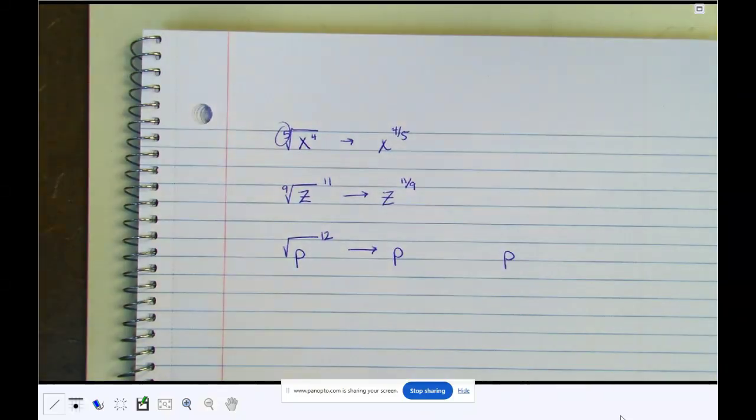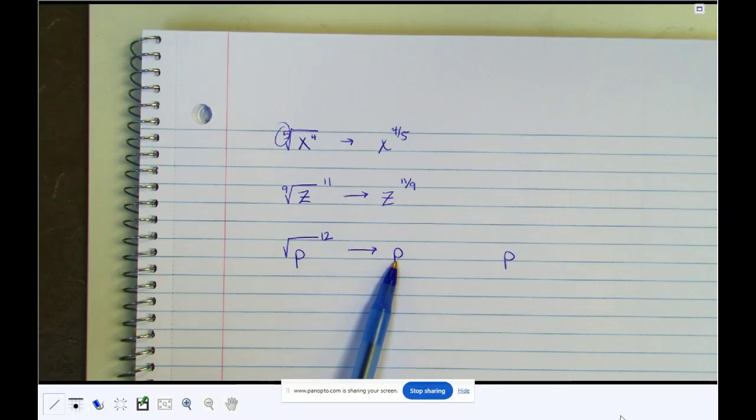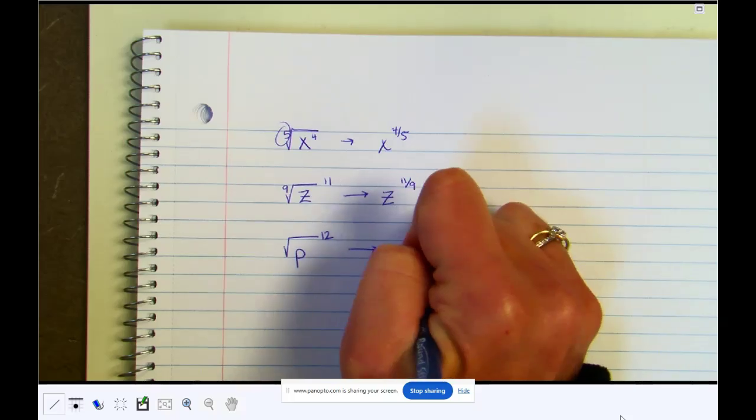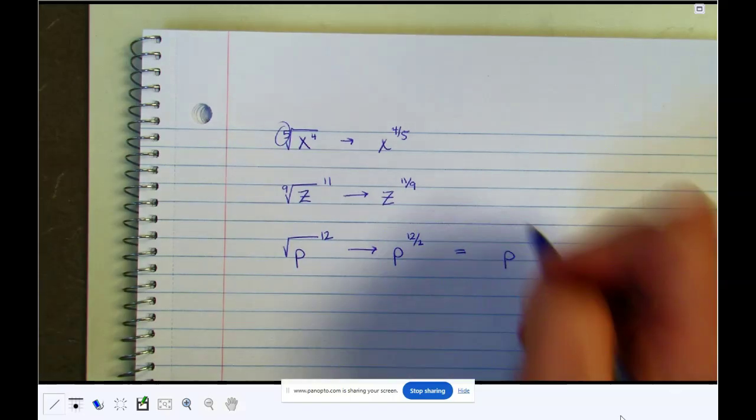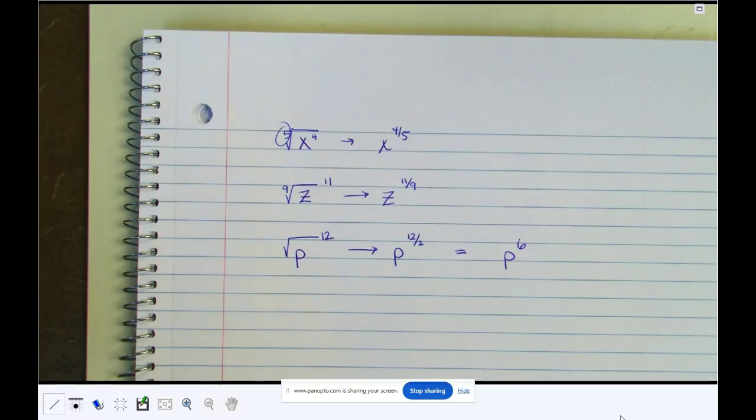Okay, so if we rewrite this as his fractional exponent, it's p to the what? 12 over 2. It's 12 over 2 as a fraction, but if you were listening to what McKinley said, by the way, you guys, learning from other people's questions is a great idea, this would actually be p to the what? 6. P to the 6th, because it reduces, because 12 divided by 2 is 6.